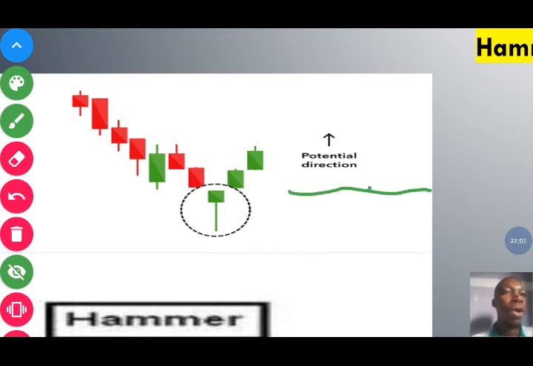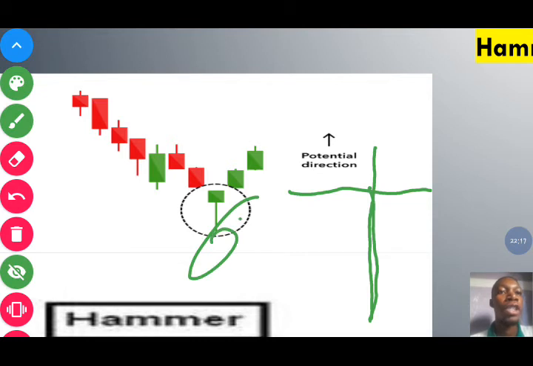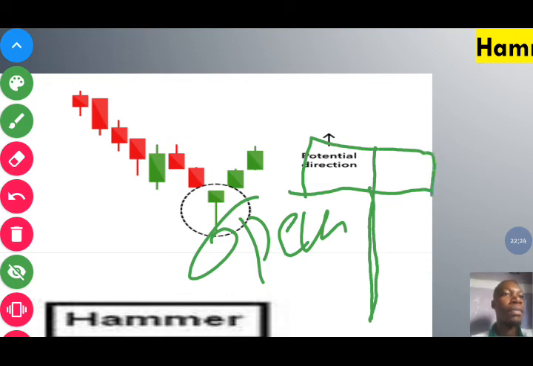Price went all the way down, right, and came back up, and it surpassed where it opened and closed above it. That's how the hammer is formed.